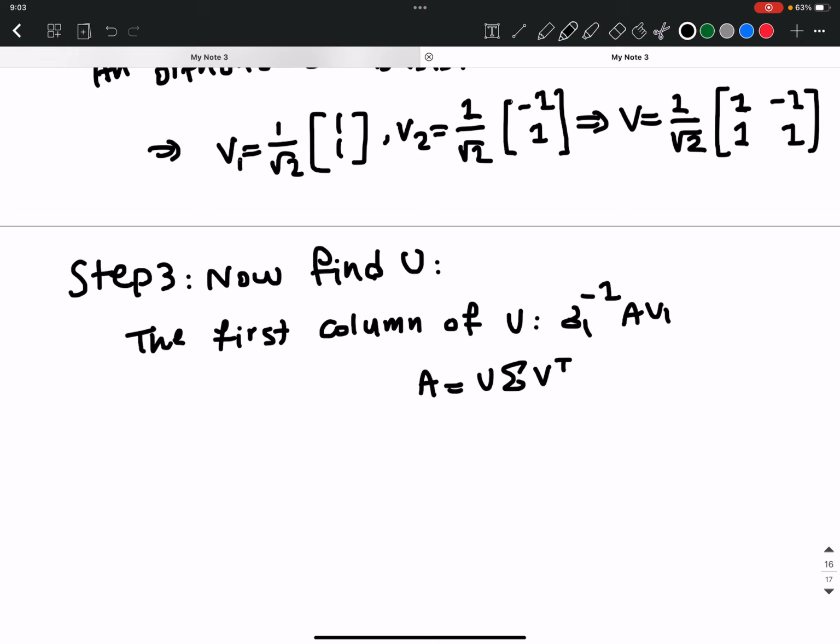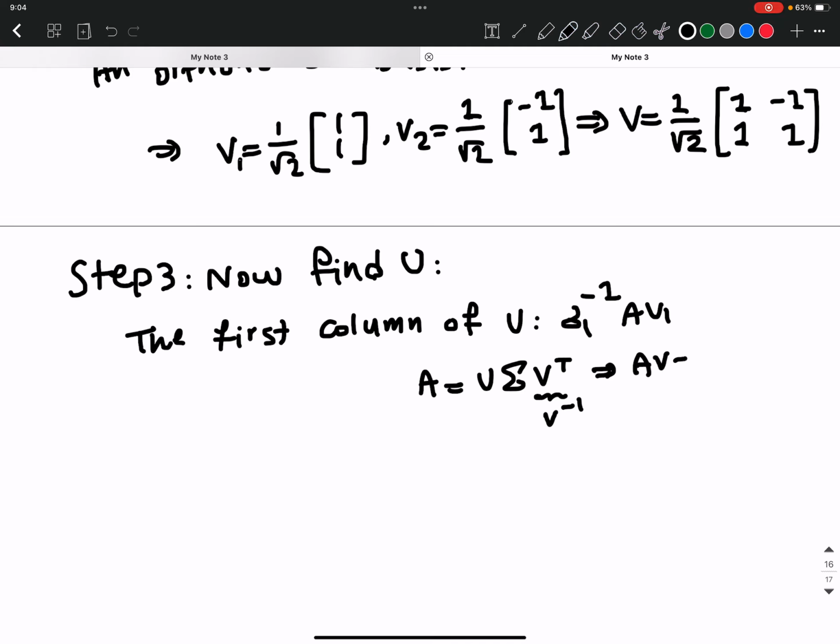So now, because VT is an orthogonal matrix, I can say this equals V to the minus 1, and then multiply both sides by V. What will I get?